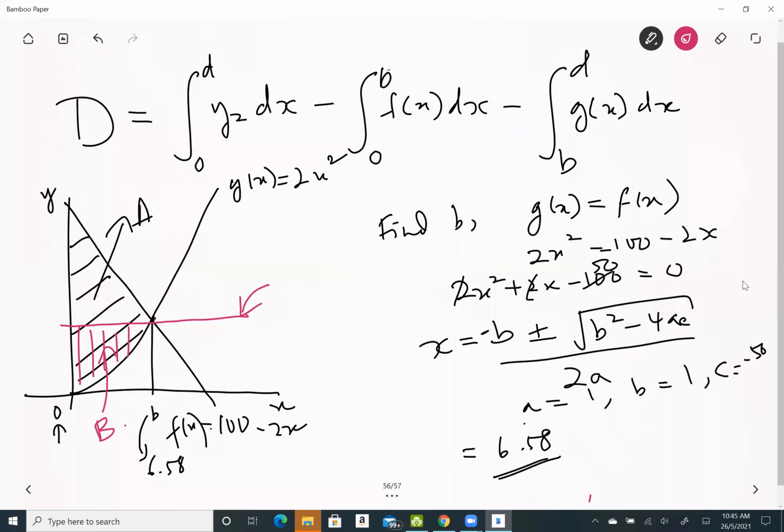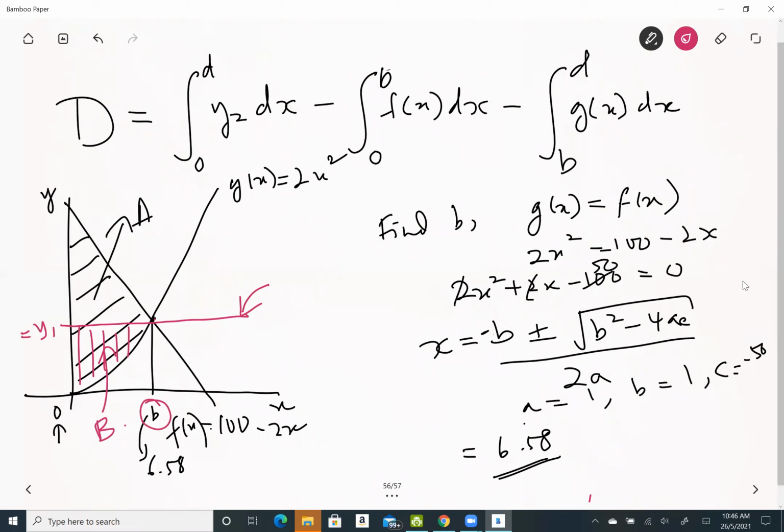Okay. We call it, say, y1. How do I get y1? Very easy. Because I already got b. You got b, 6.58. You put into one of those. Easier if you can put into g of x, or you can put into f of x. What do you get for y1?